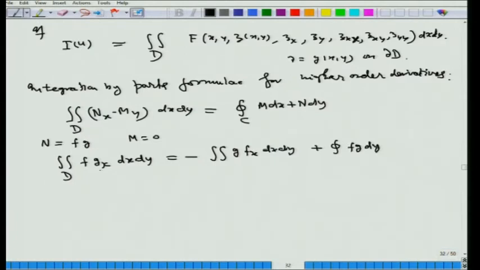So, it is like the derivative on g is shifted onto f, and so we get a minus sign here.